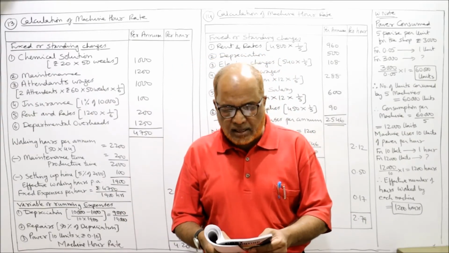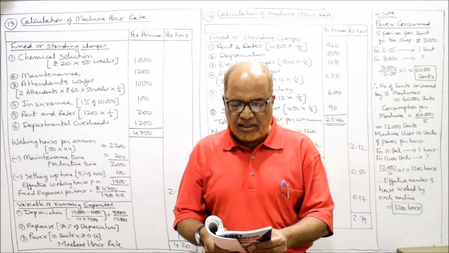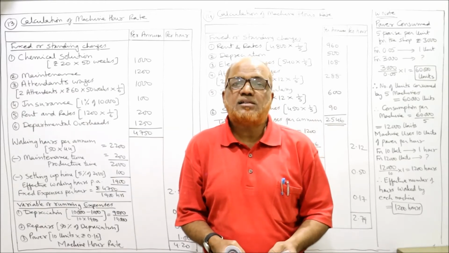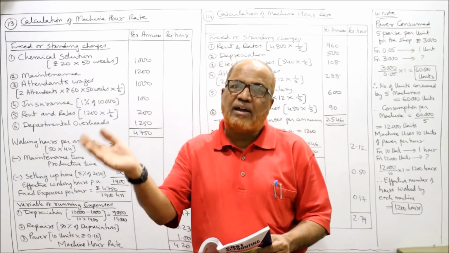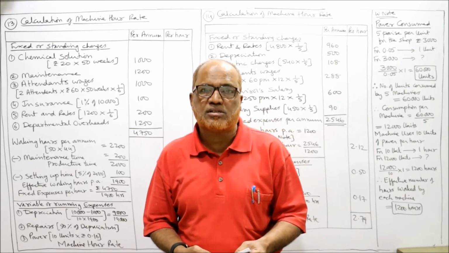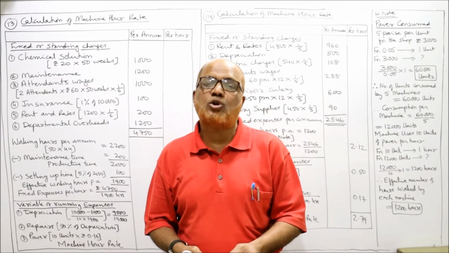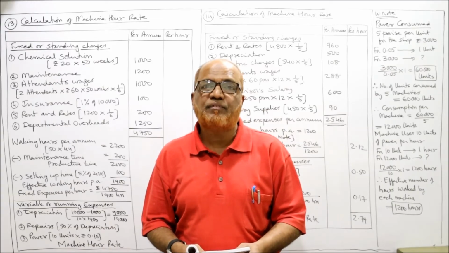2 attendants control the machine together with 5 other identical machines in the shop, each getting wages of rupees 60 per week. So 2 attendants are looking after this machine along with 5 other machines. So total number of machines are 6 machines, each getting 60 rupees per week. Per week means we have to multiply with 50 weeks.